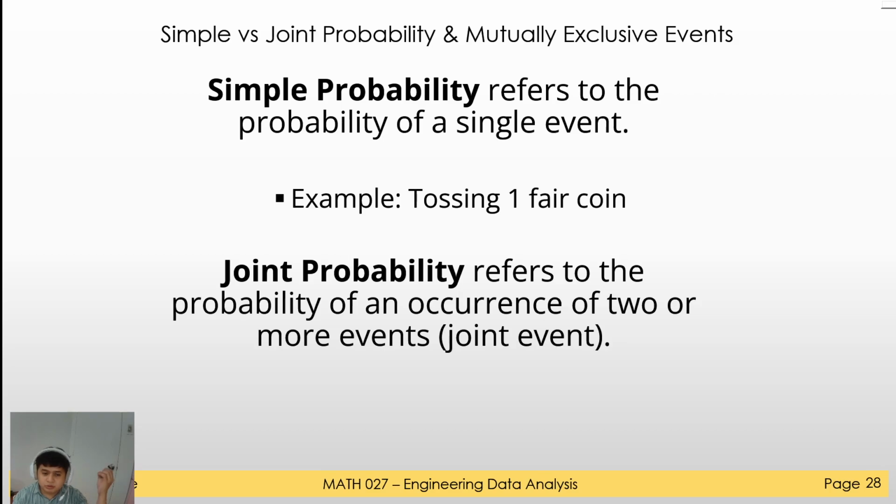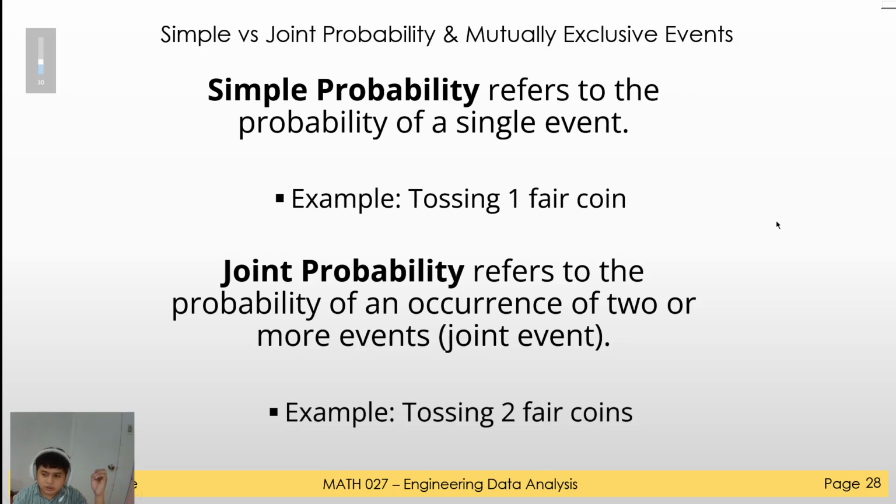A simple probability usually refers to a single event. Meanwhile, joint probability is the occurrence of two events at once, simultaneously. An example of joint probability is tossing two fair coins, or if a card is both an ace and a black card.